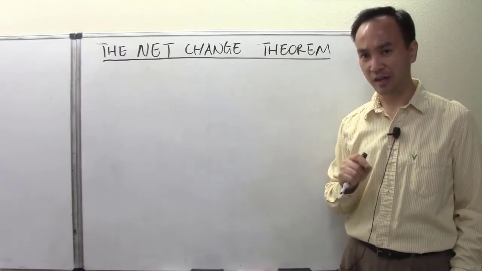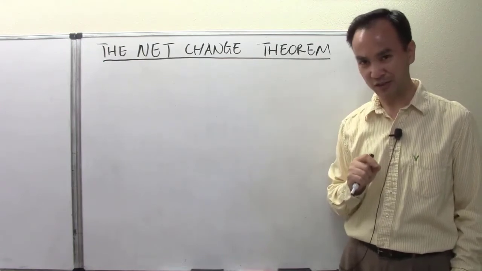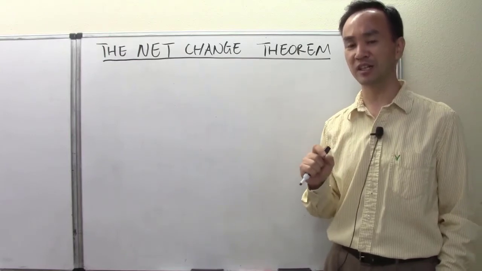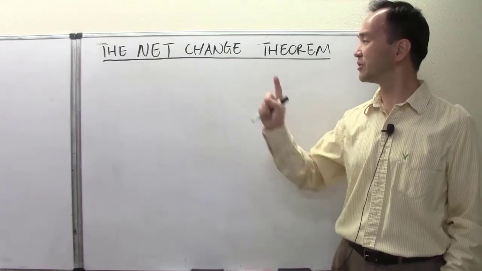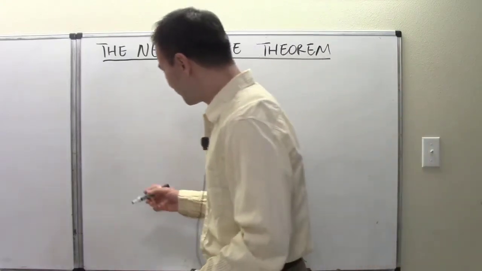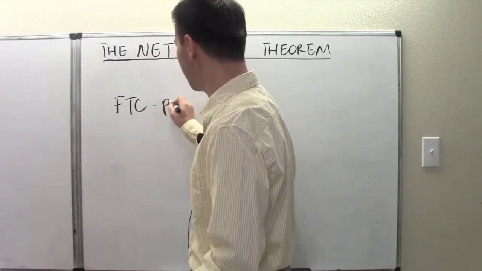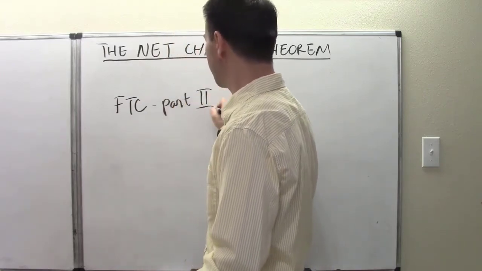So let's briefly look back at it to see what it says and how that gives rise to our net change theorem. Okay, so the FTC, the second part, Part 2, stated the following.